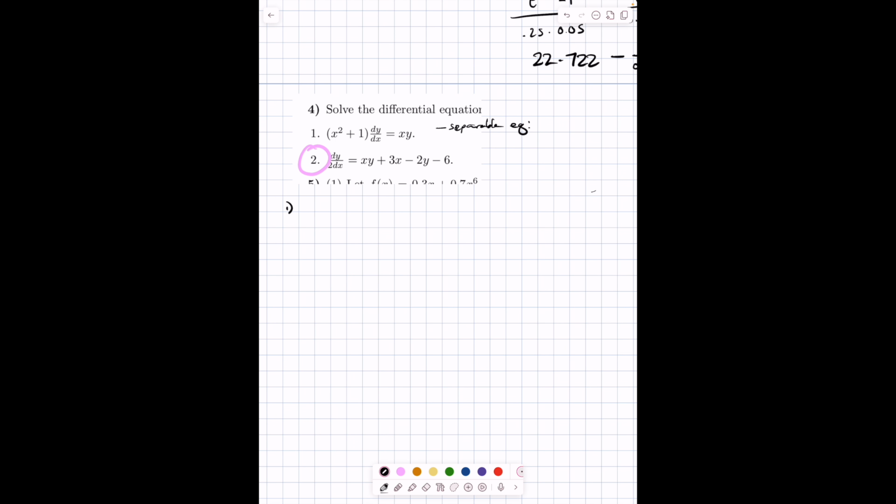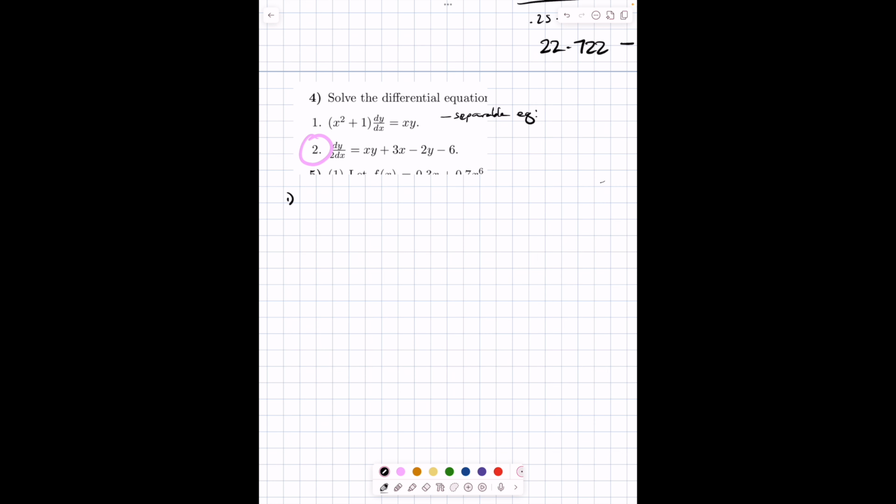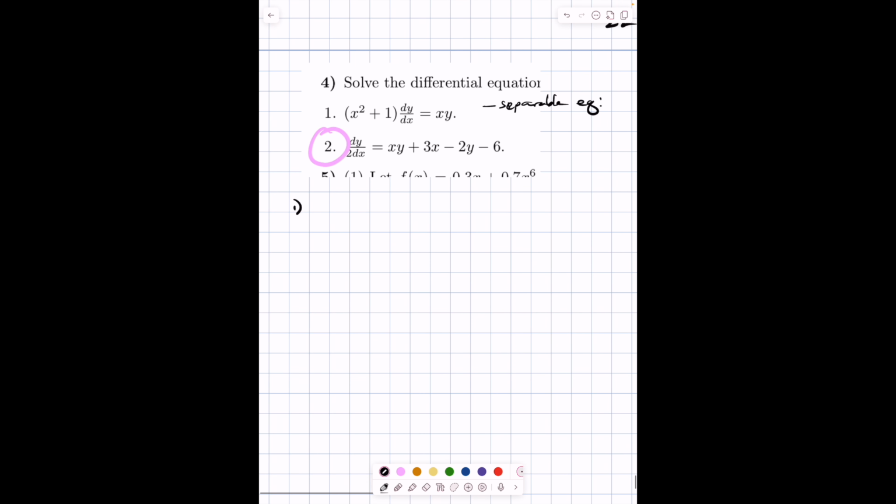You want to split up the integrals because you can't take an integral with two variables at once, especially not for differential equations, because the y is technically still a function. And so all you want to do is split up this integral.